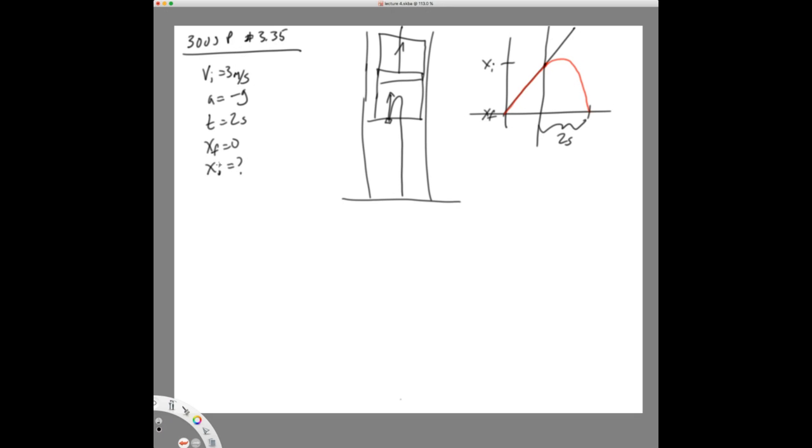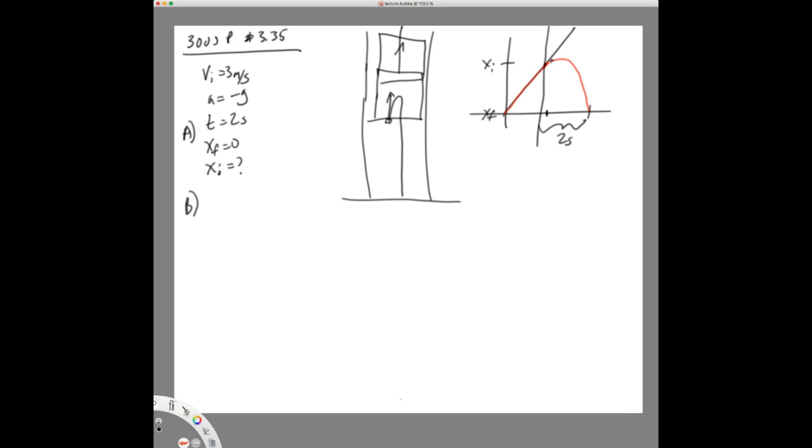Okay, so that's question A. And question B says, how far above the bottom was the nut 0.25 seconds after it fell? So somewhere right in here, probably up there, we want to know where that was.